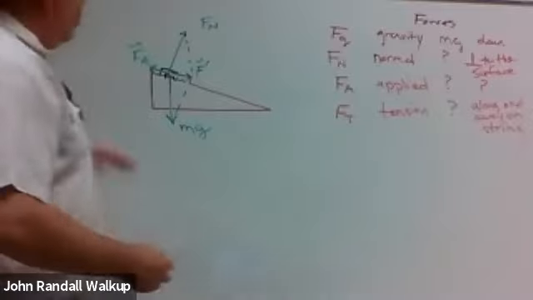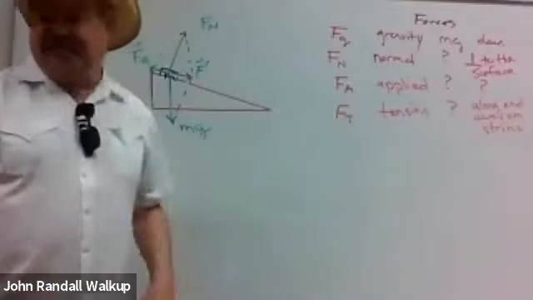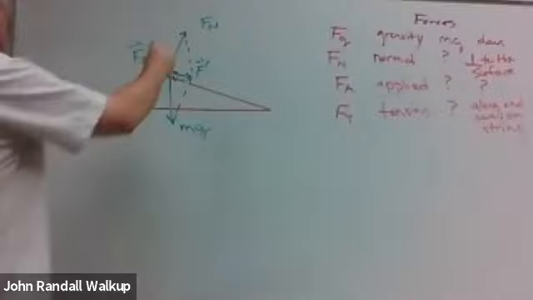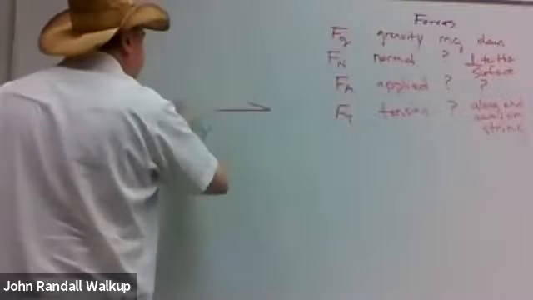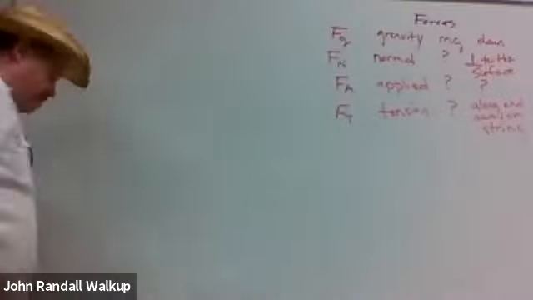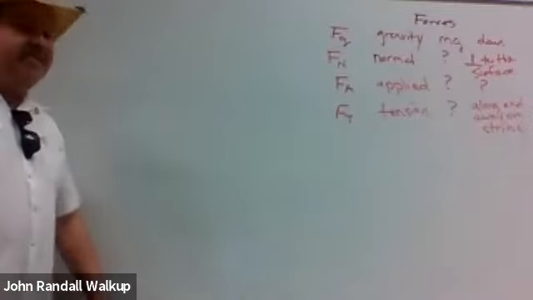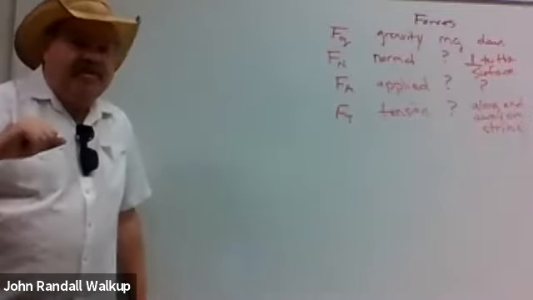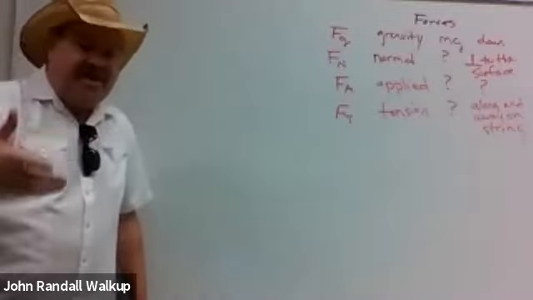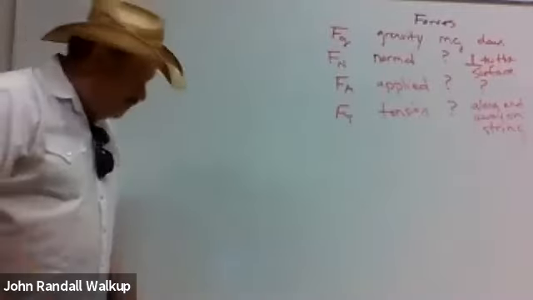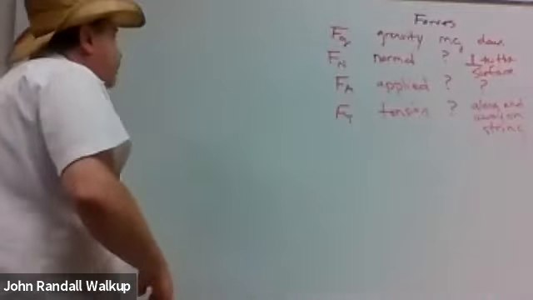All right, so let's do a simple problem. This is the first problem that we're going to do that involves the full extent of that little handy dandy diagram. So go ahead and draw that up again.